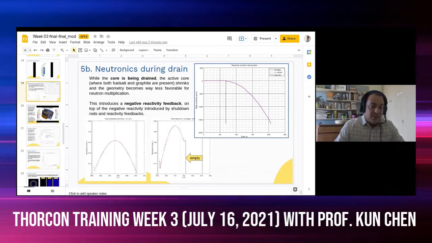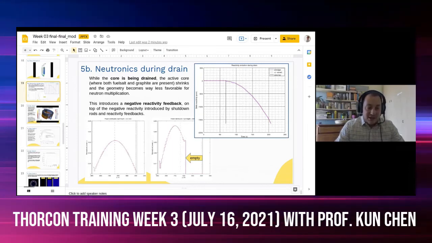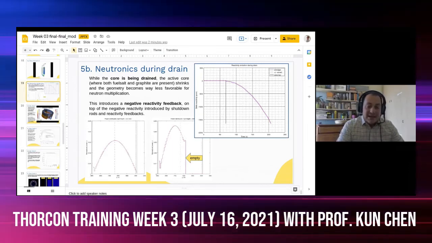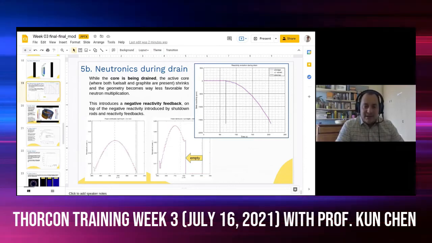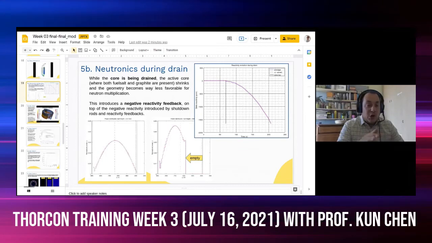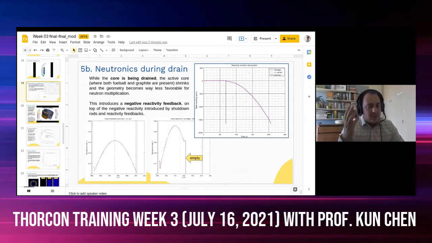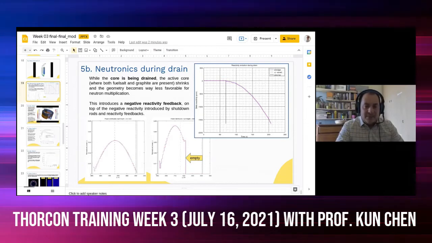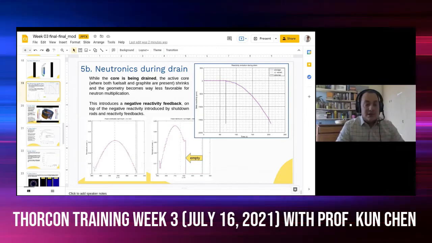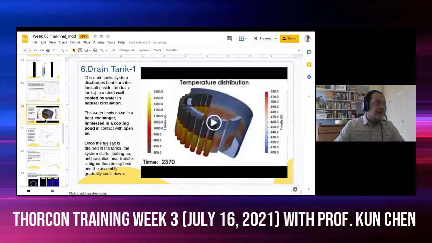The main purpose of the draining system is to have a place where the salt is passively cooled for a long time, I would say indefinitely, through the passive natural circulation of the salt inside the drain tanks.